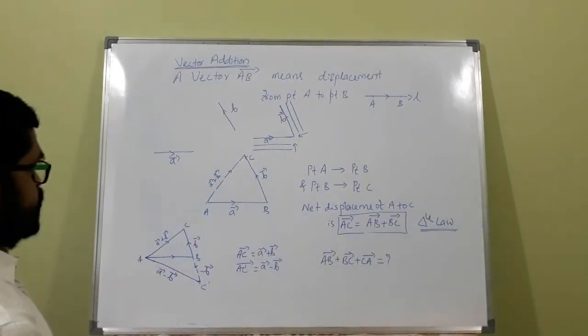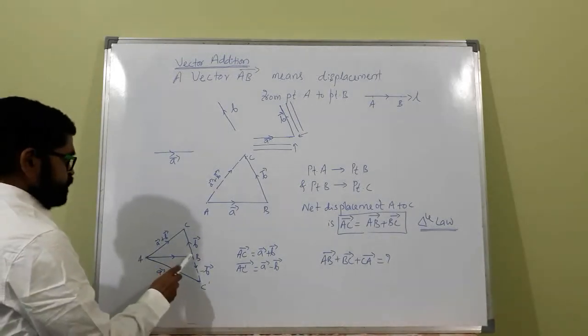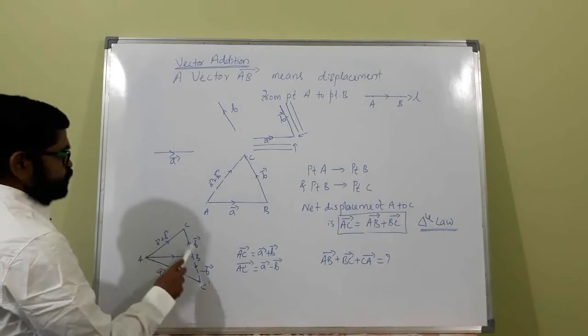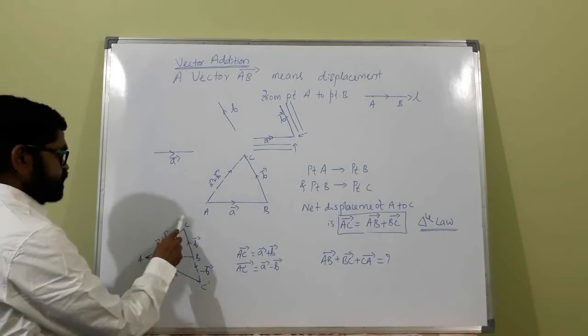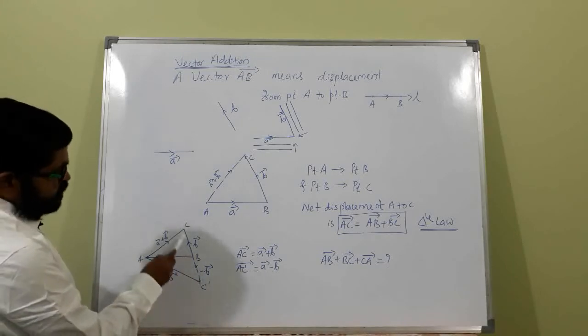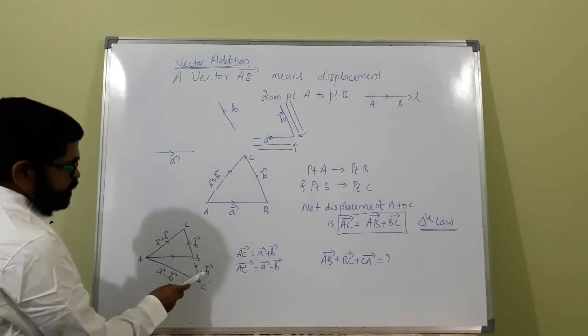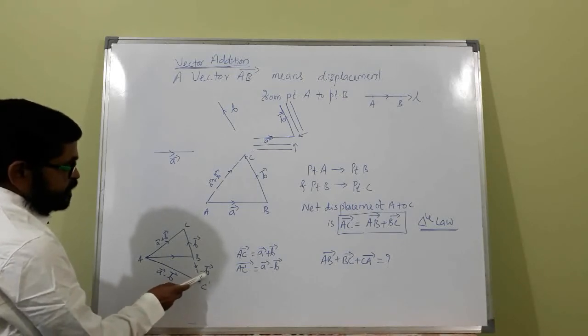Suppose instead of this AB, A shifts to B, and instead of going this side, suppose it comes to C dash. What happens? With the same magnitude, the direction will be opposite.